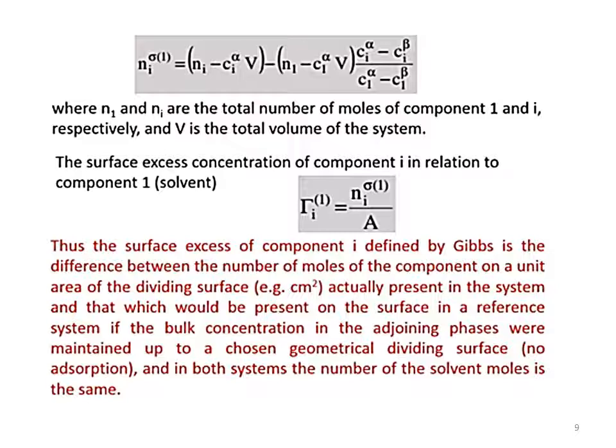Thus the surface excess of component I defined by Gibbs is the difference between the number of moles of the component on a unit area of the dividing surface, for example per centimeter square, actually present in the system, and that which would be present on the surface in a reference system if the bulk concentrations in the adjoining phases were maintained up to a chosen geometrical dividing surface, meaning no adsorption, and in both systems the number of solvent moles is the same.